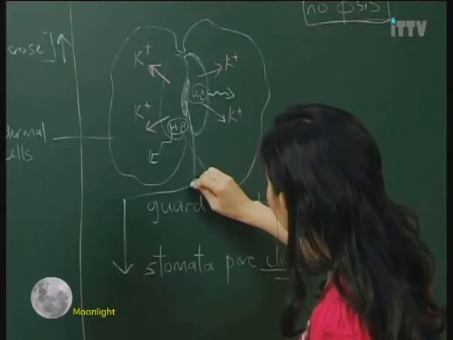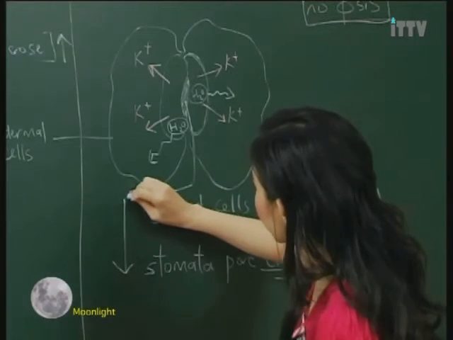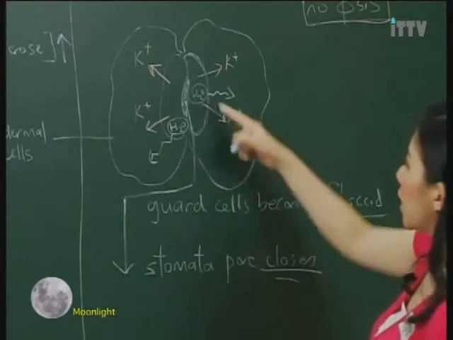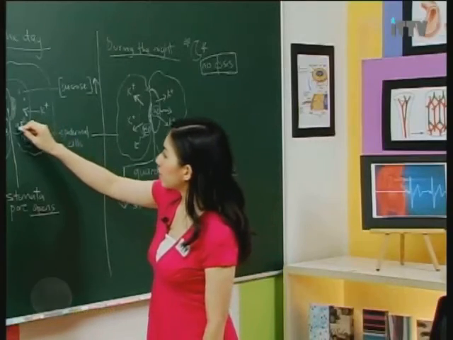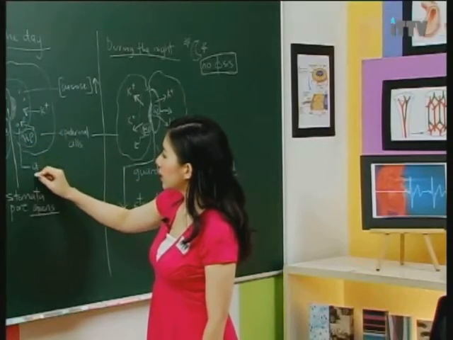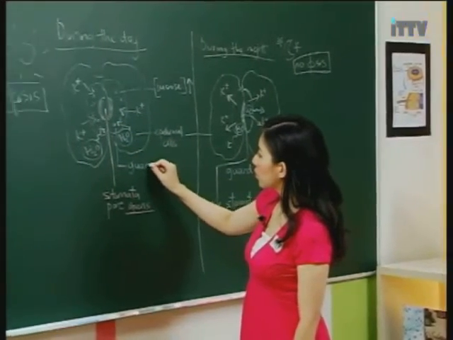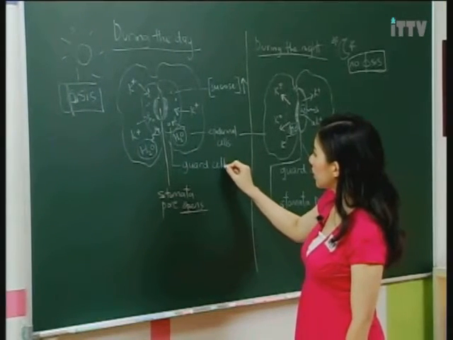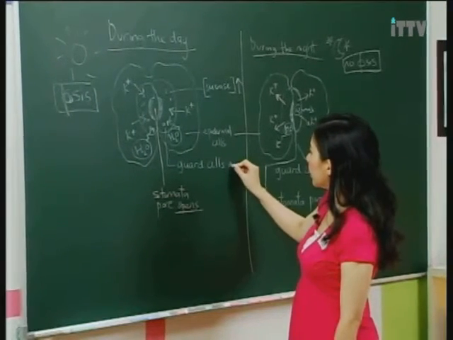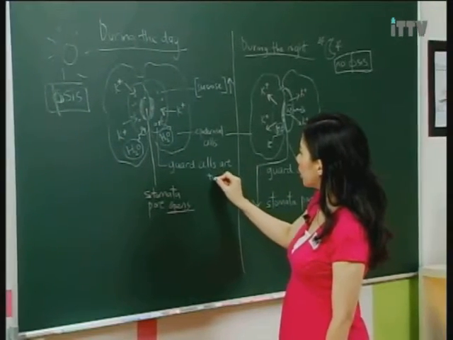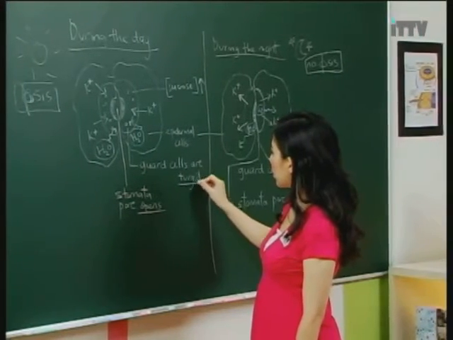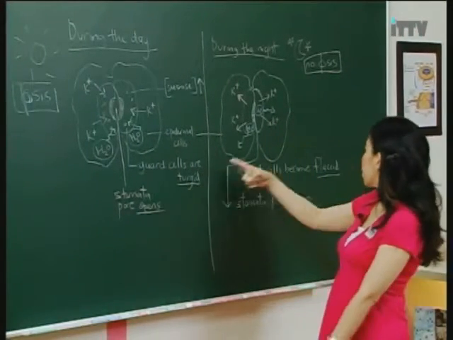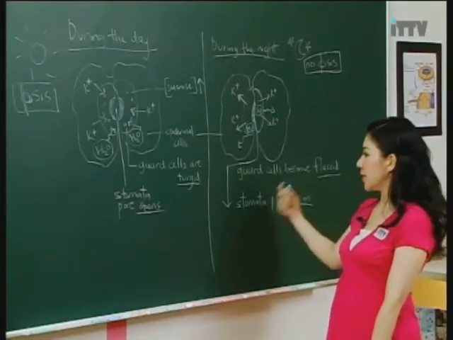Okay, so I'll just show you clearly. Stomata pore closes. Over here, as you notice, the guard cells, in contrast, are turgid. That's really different. Guard cells are turgid, guard cells become flaccid.